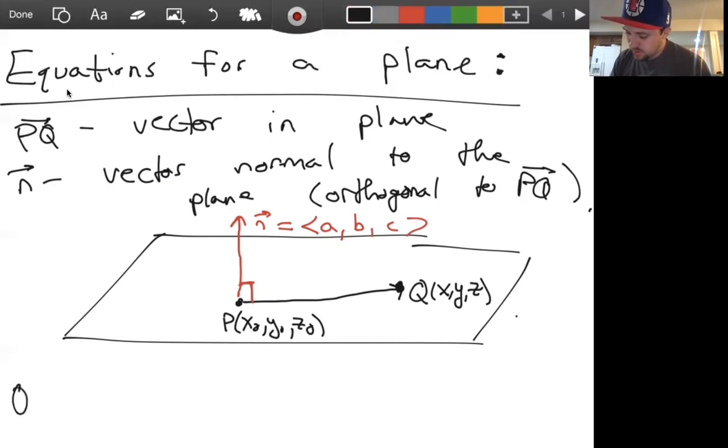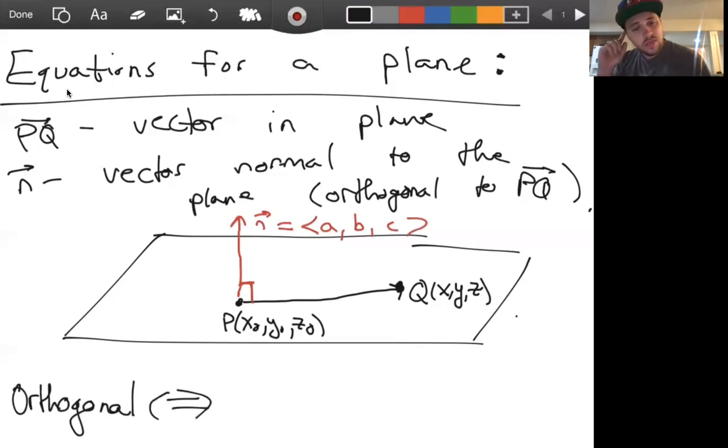What does it mean to be orthogonal? Well, we saw a few videos back on the dot product that two vectors are orthogonal if and only if their dot product is 0. So if the dot product of the normal vector with any vector in the plane is 0, in particular, that means the dot product of n with this vector PQ with a fixed base point P should be 0.